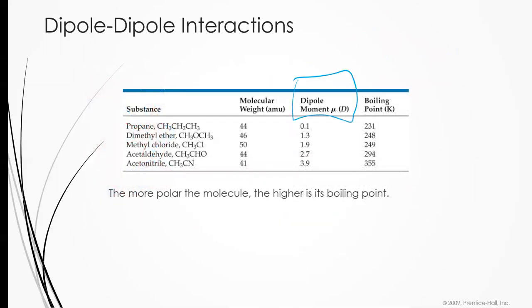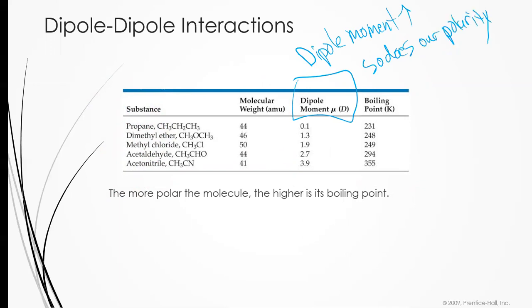This is a measure of our polarity. It's called a dipole moment. As our dipole moment increases, so does our polarity. The larger the dipole moment is, the more polar.